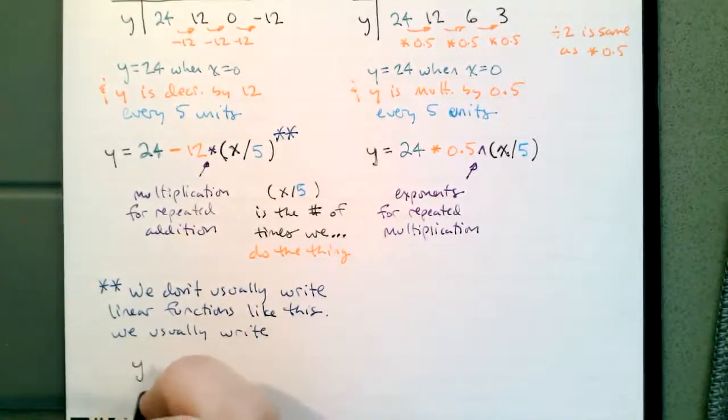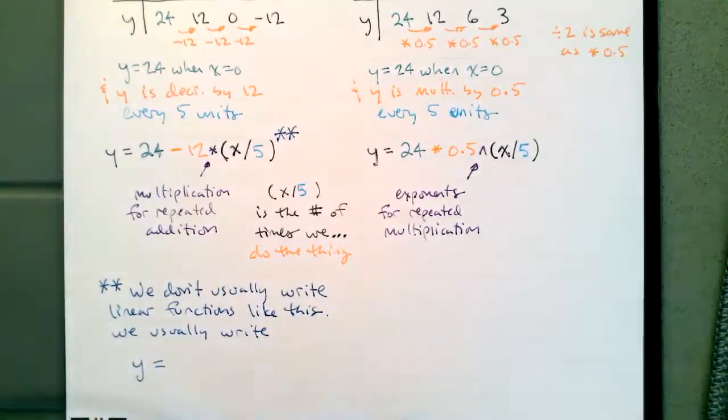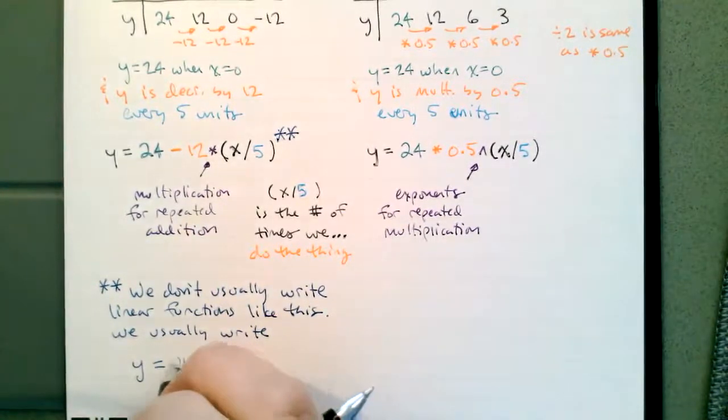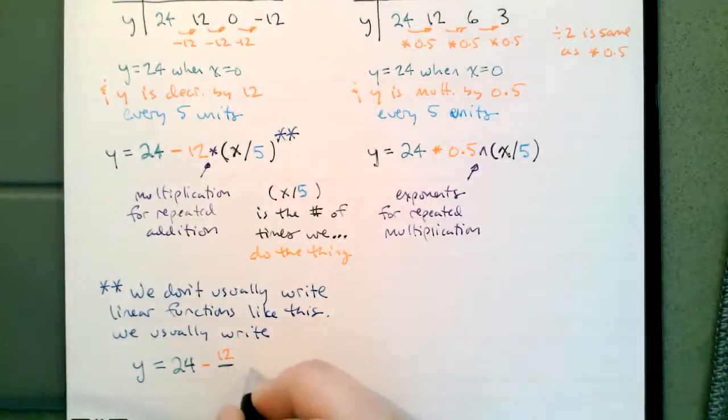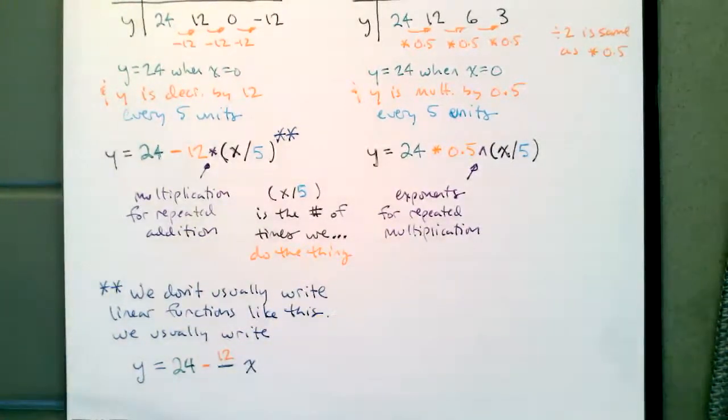So the normal way to write this would be, say, y is equal to 24 minus 12 over 5 times x.